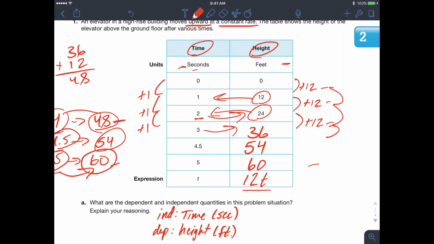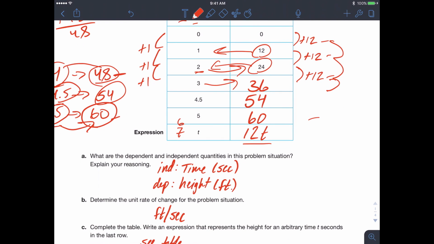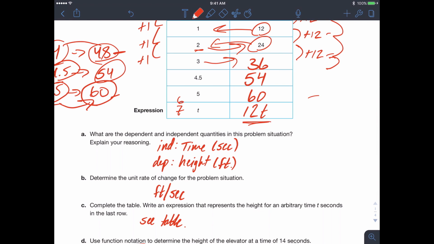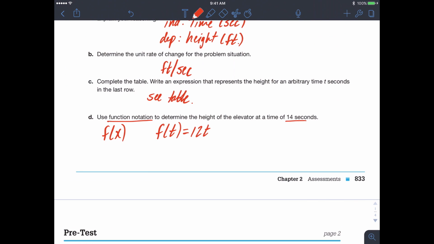So in theory, yeah, you can just count 6, count 7, but that takes forever. Since we already have an expression for it, we're just going to do it the easy way. Let's plug in t equals 14. So we plug time 14 seconds into the function. f of 14 is 12 times 14.